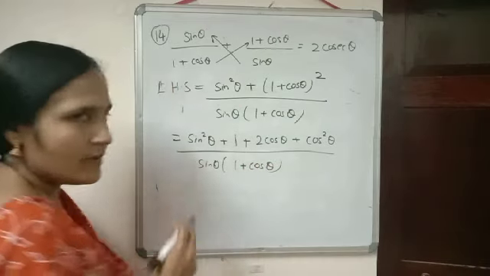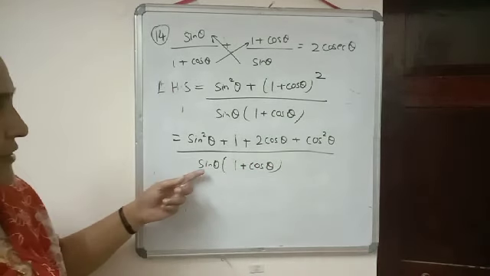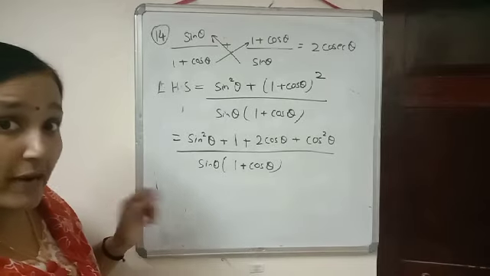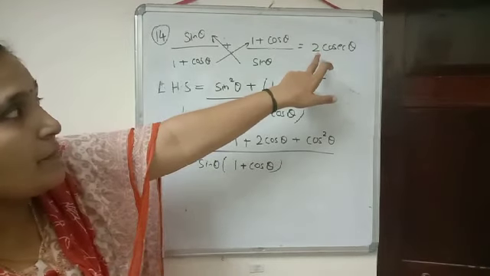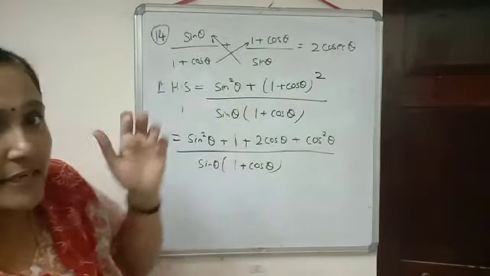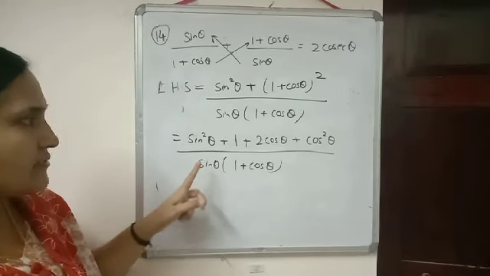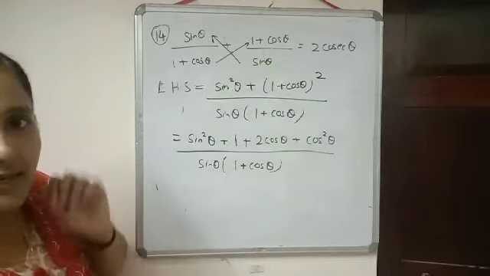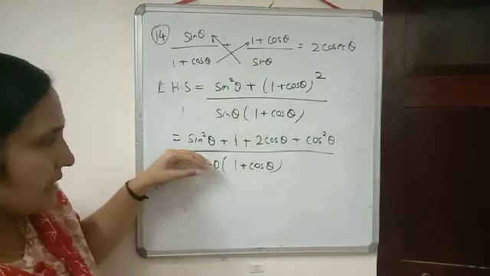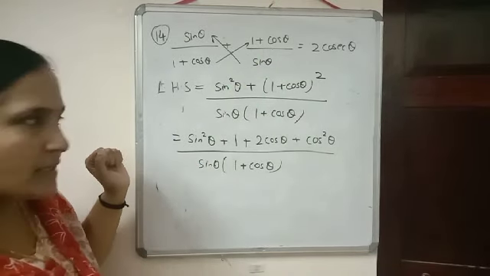You might have observed that I haven't multiplied sin theta here. Why? Because we are checking the proof, we need 2 cosec theta. So if sin theta is already in the denominator, that is 1 by sin theta, so automatically we got cosec theta. That's why I am not changing this expression.